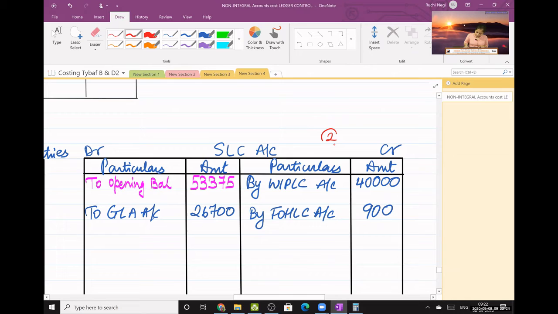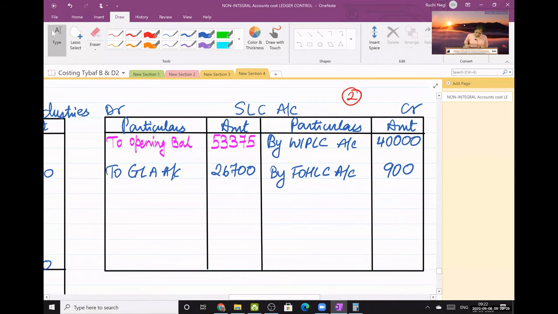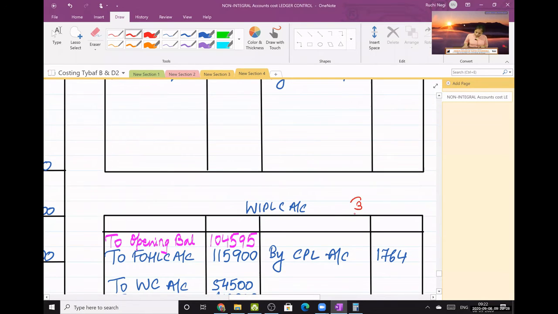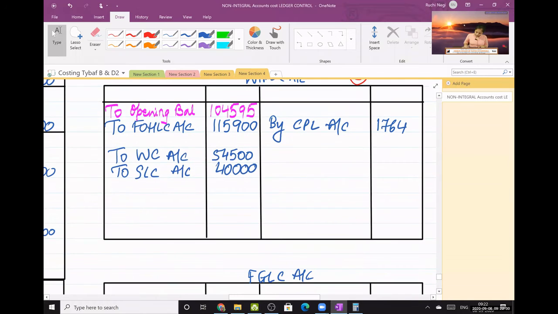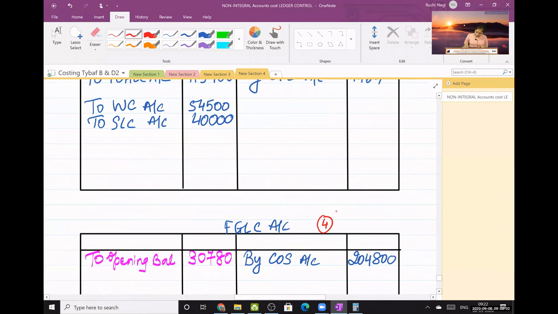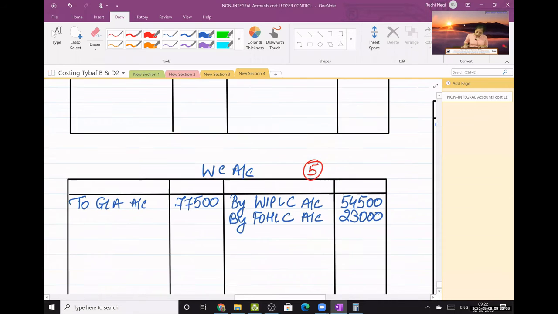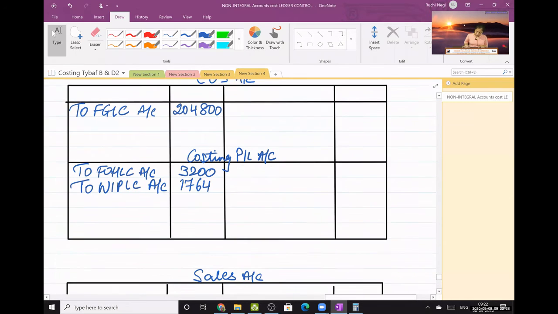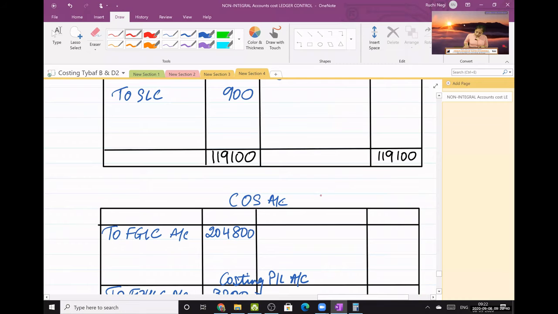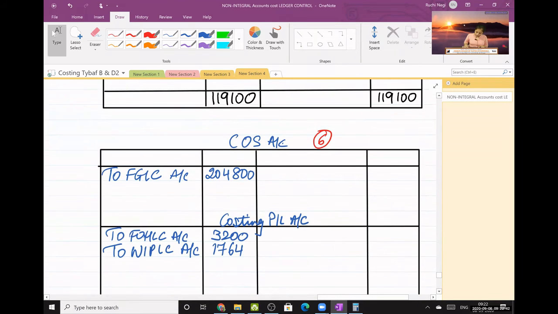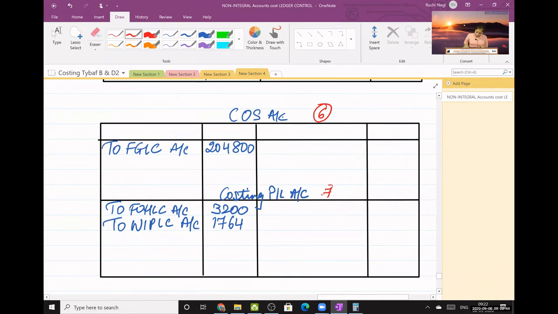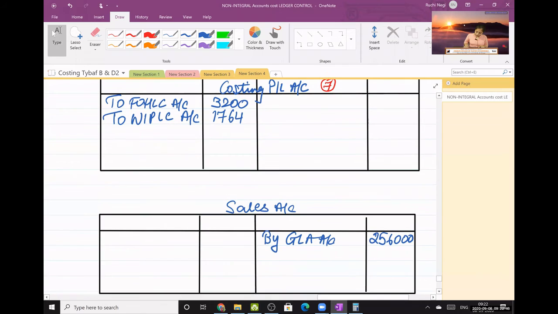Second, close this SLC. Then close WIP 3. Then 4 finished goods. Then 5 wage control. Then the 6th one, COS account. 7th, PNL account.